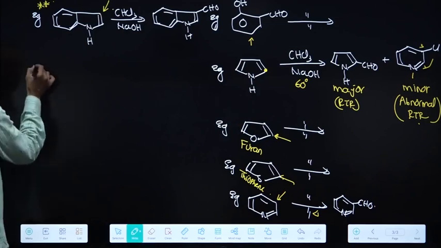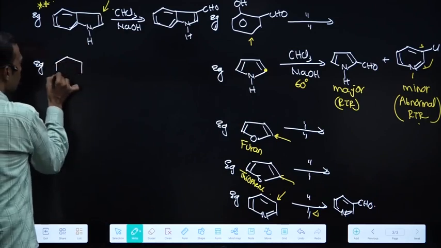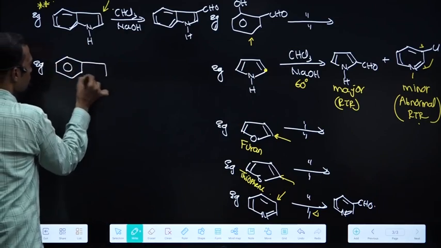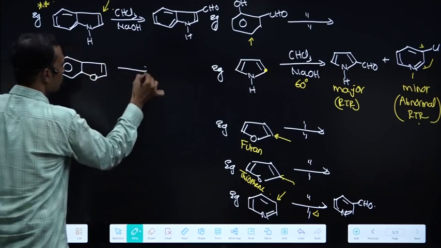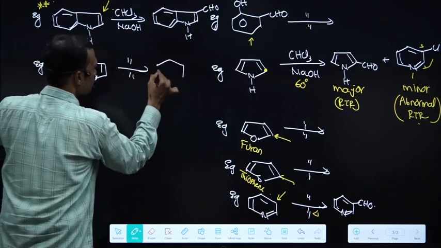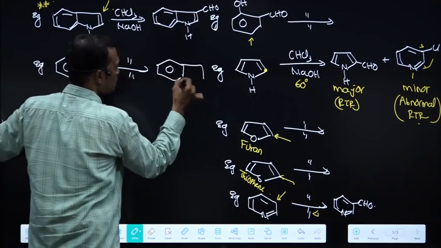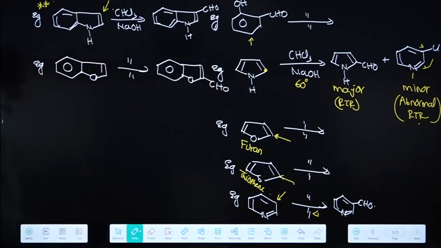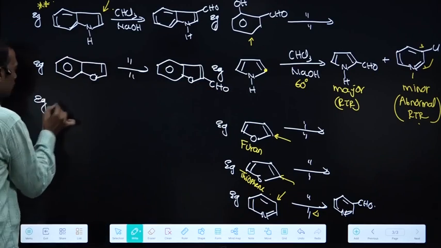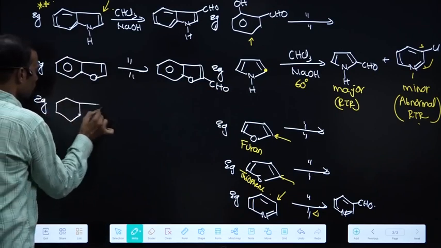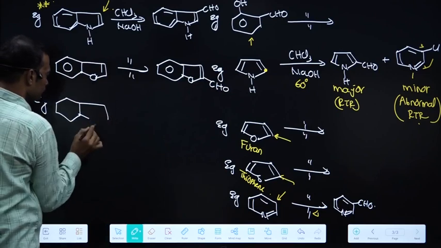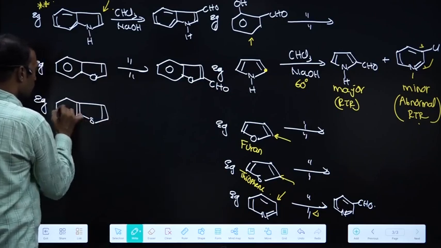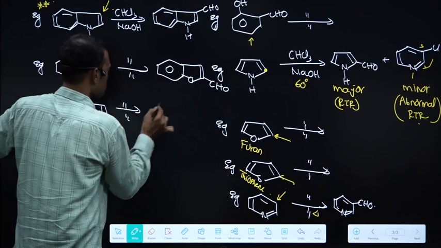And this is an exception in the case of benzofuran. Suppose I give benzofuran, this is benzofuran. Same composition, your answer is still the second position. In the case of benzofuran it is an exception. But benzo-c or benzo-b thiophene is approximately equal to indole. Chloroform in this one.